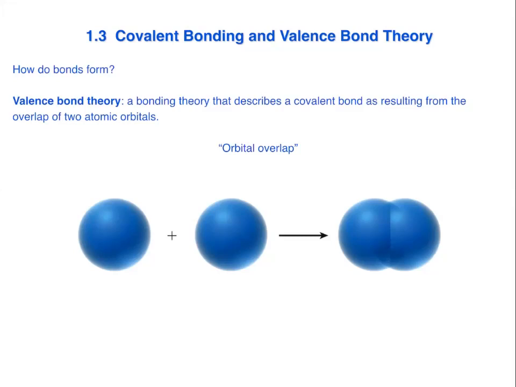Welcome back. In this video, we're going to cover sections 1.3 and 1.4, and we're going to discuss different types of bonding and various theories to describe bonding and the structures that we observe. So the first question we should be asking ourselves after looking at the atomic structure of various elements is, why do bonds form?